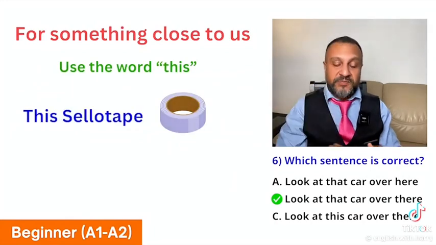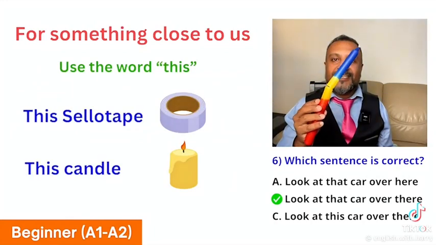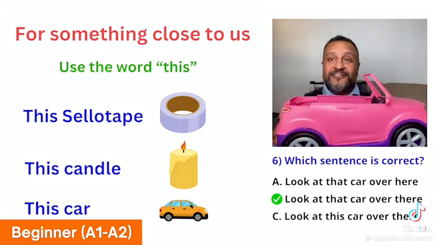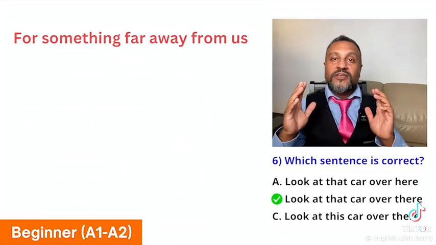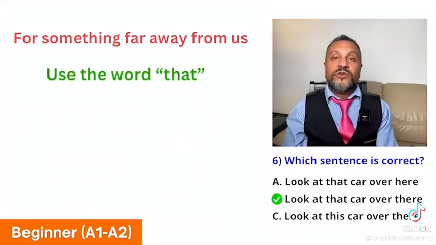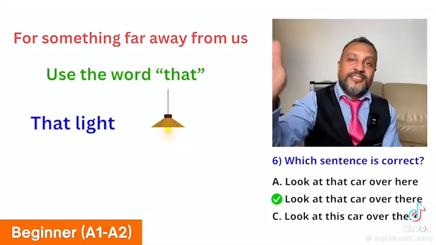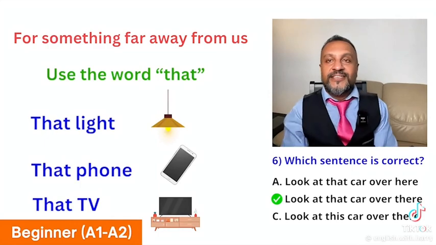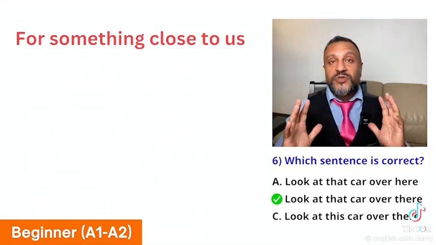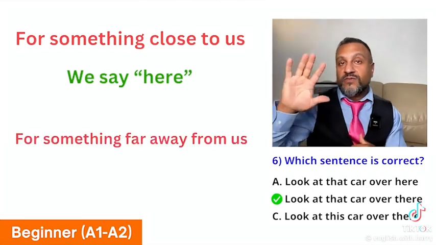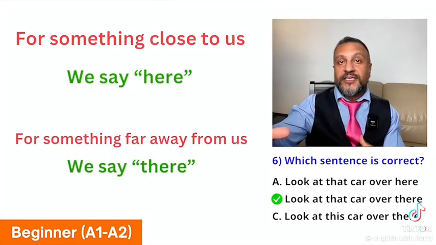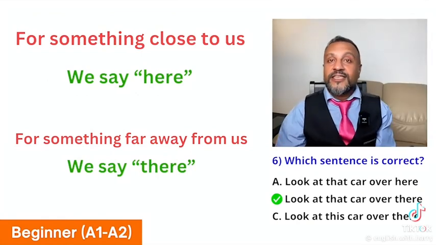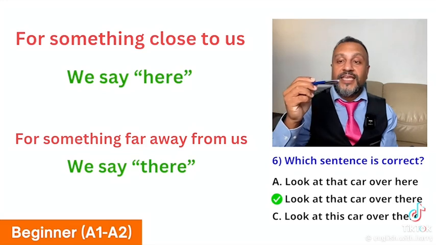This sellotape, this candle, this car. For something far away from us, we use that light, that phone, that TV. For something close to us, we say here. Something far away, we say there. For example, that TV there, this pen here.